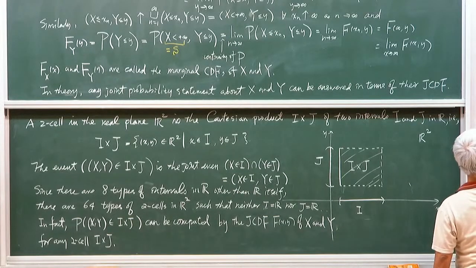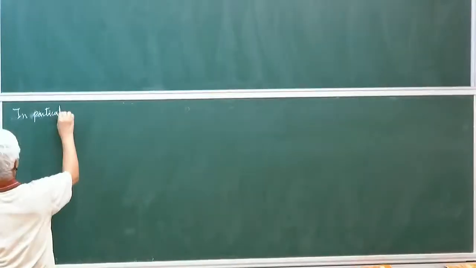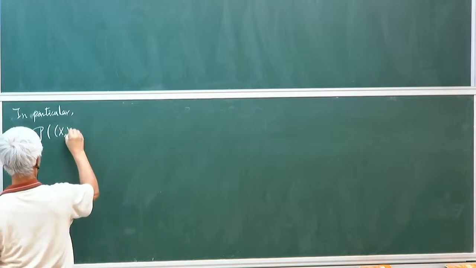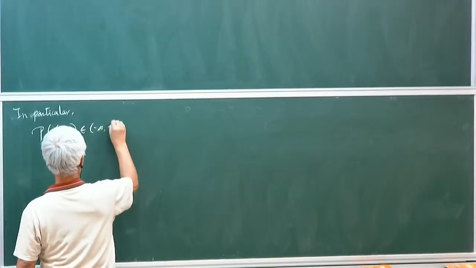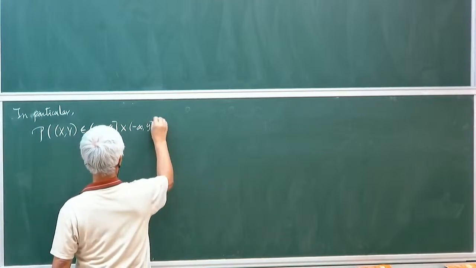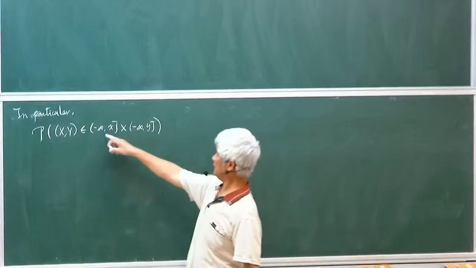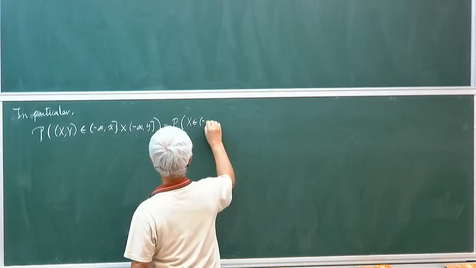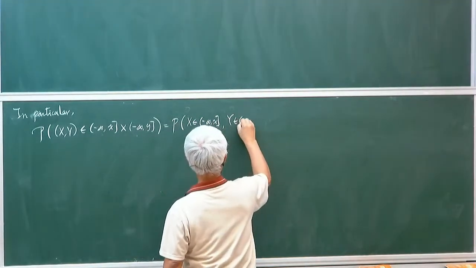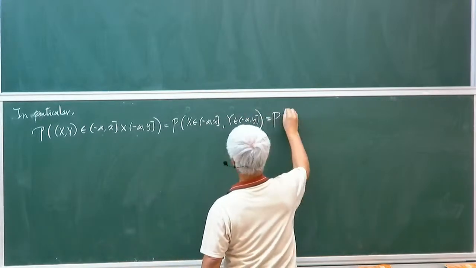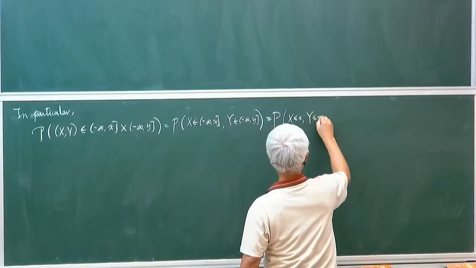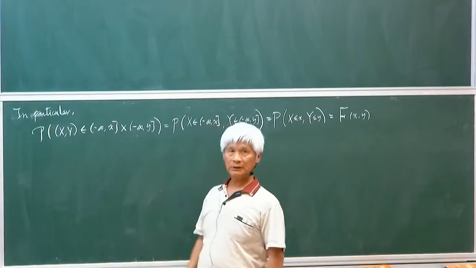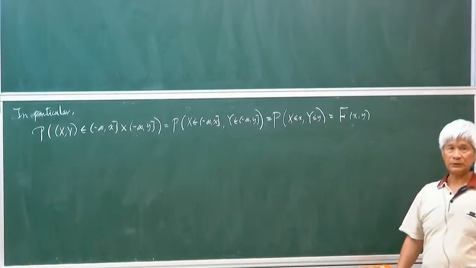Now in particular, the probability that (X, Y) is in this special type of 2-cell, as we know, is actually given just by the joint CDF.